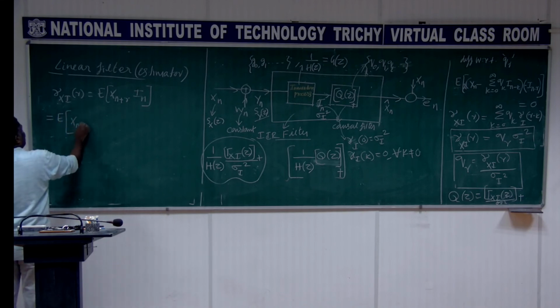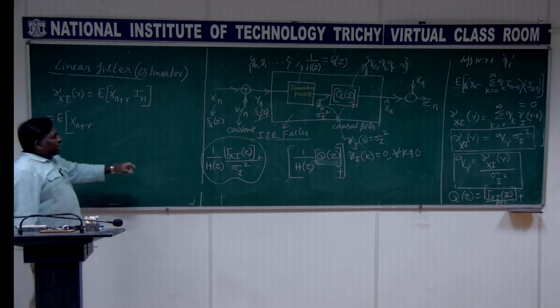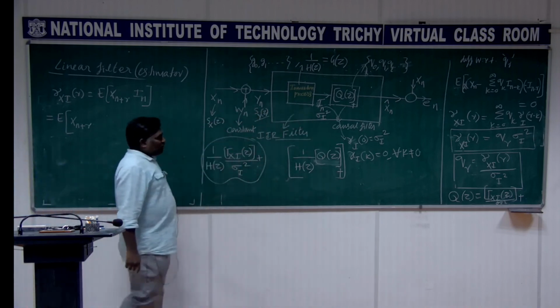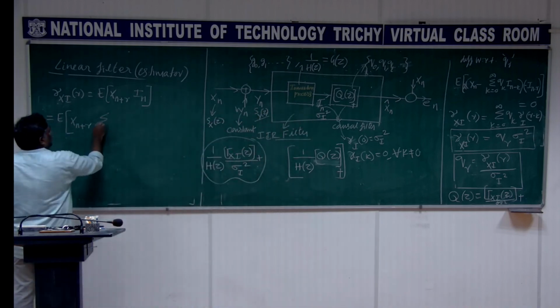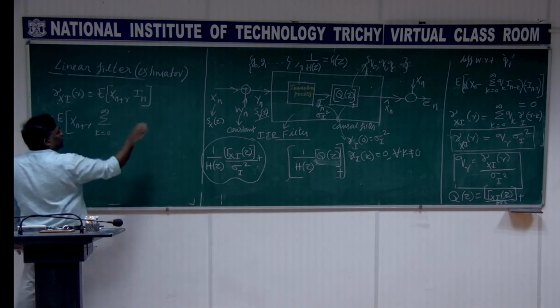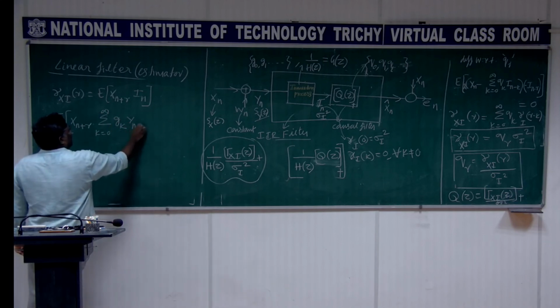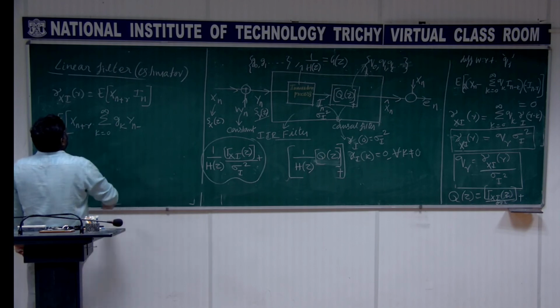Xn plus r is fine, but in I am going to write in terms of y. So this is sigma k equal to 0 to infinity, with filter coefficient gk, times yn minus k.